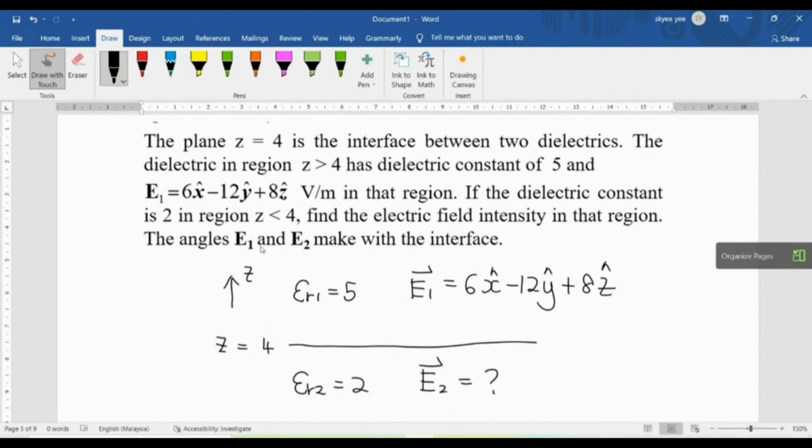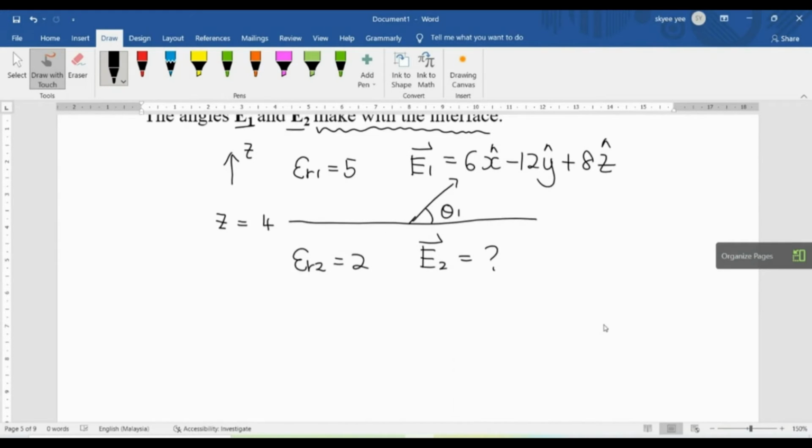Also find the angles E1 and E2 make with the interface. So for example, this is your E1, and the angle it makes with the interface will be this one. Let's see how we can find it.